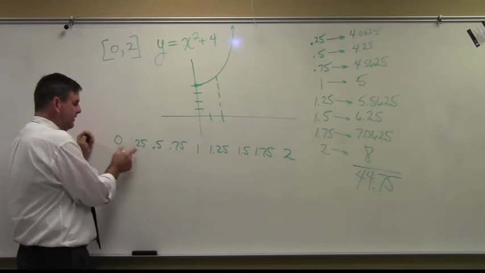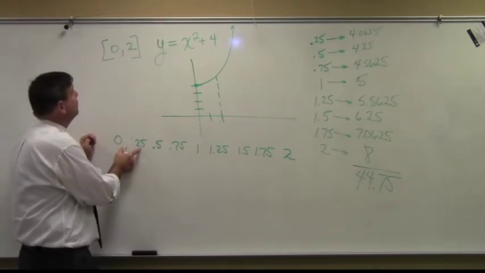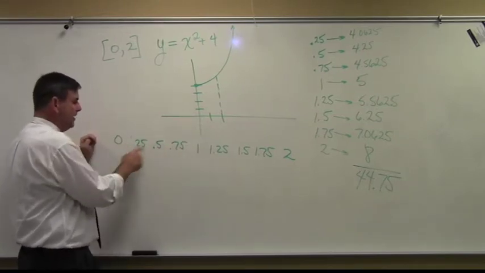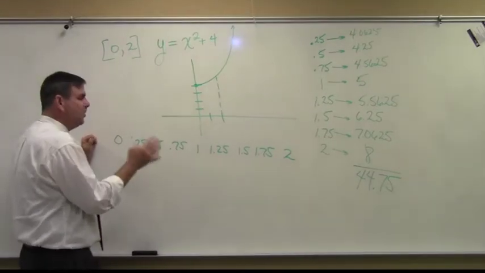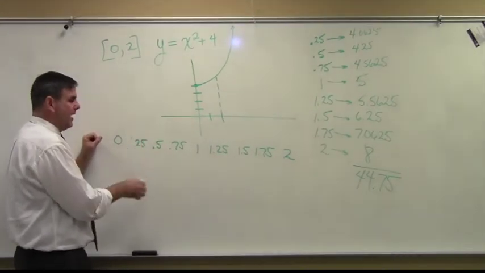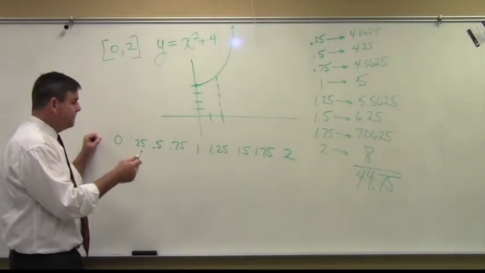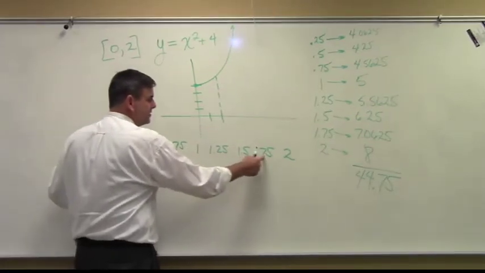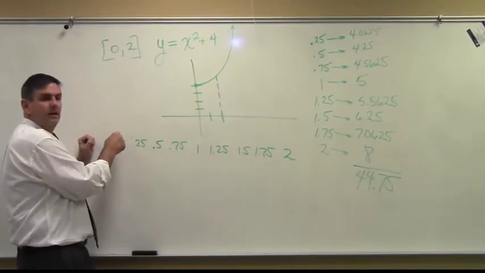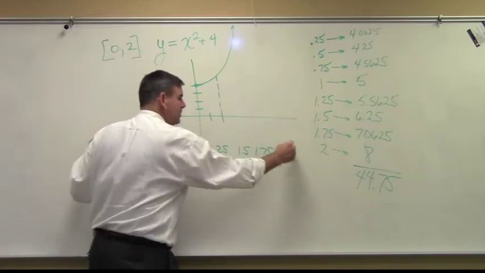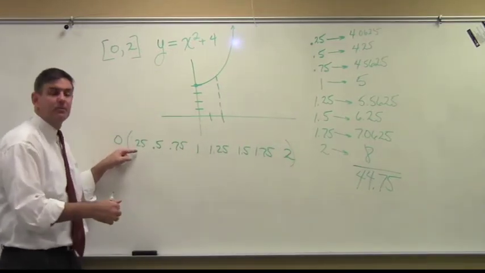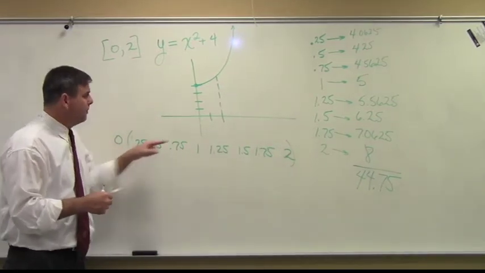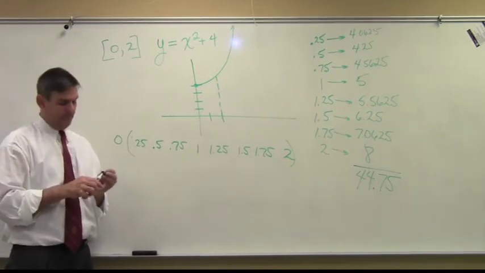So notice that if I move over a width of 0.25 each time, that these would be my values. But I only need 8 because I have 8 rectangles, and again I'm going to use the right endpoint. 1, 2, 3, 4, 5, 6, 7, 8. You never end up using this first guy over here, which would be the 0. I want my x values to span from 0.25 over to 2.